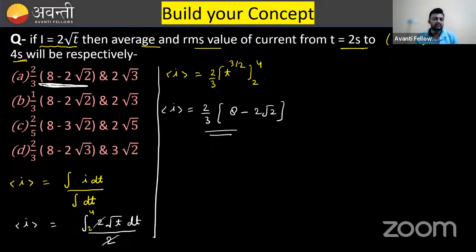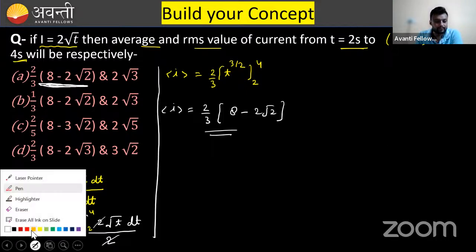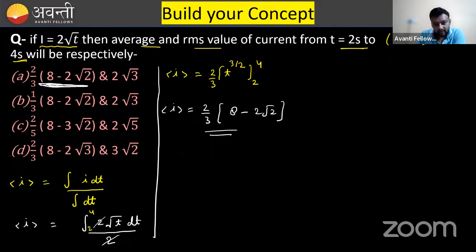Now, what is the RMS value of current and how do you calculate it? For that, IRMS is equal to the root of the mean of I square.